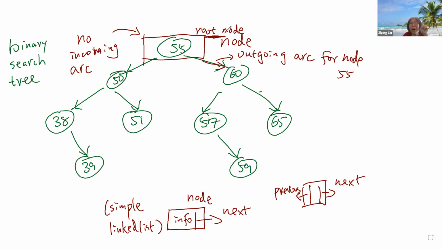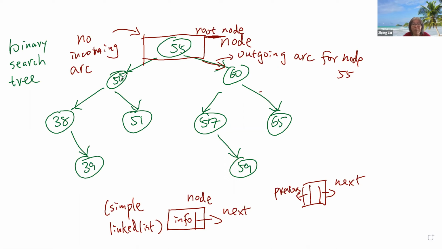So basically in a binary tree, once you know the root node, you know the complete tree, because based on all of the outgoing arcs, you can get to all of the other nodes. Just like a linked list, once you know the first node, you know the complete linked list. So this is the definition for root node: no incoming arc.